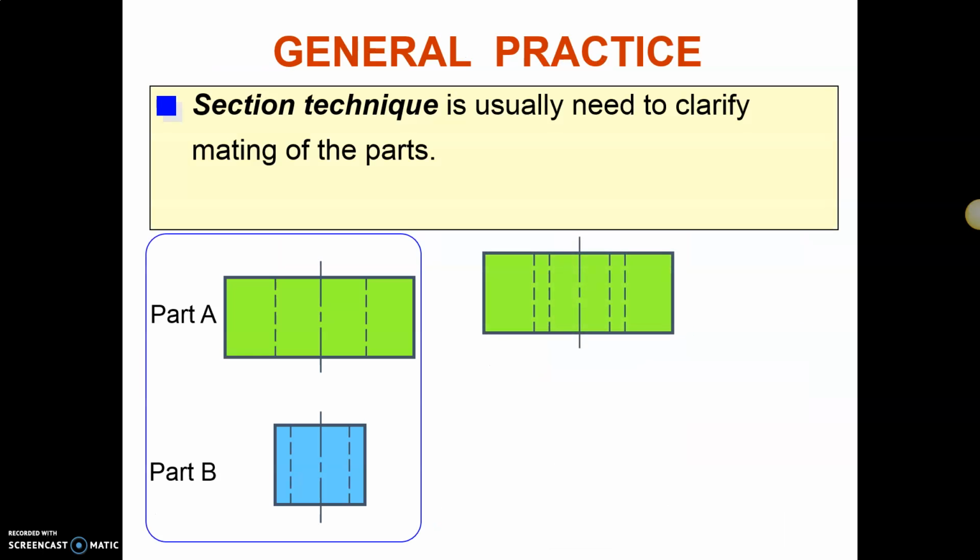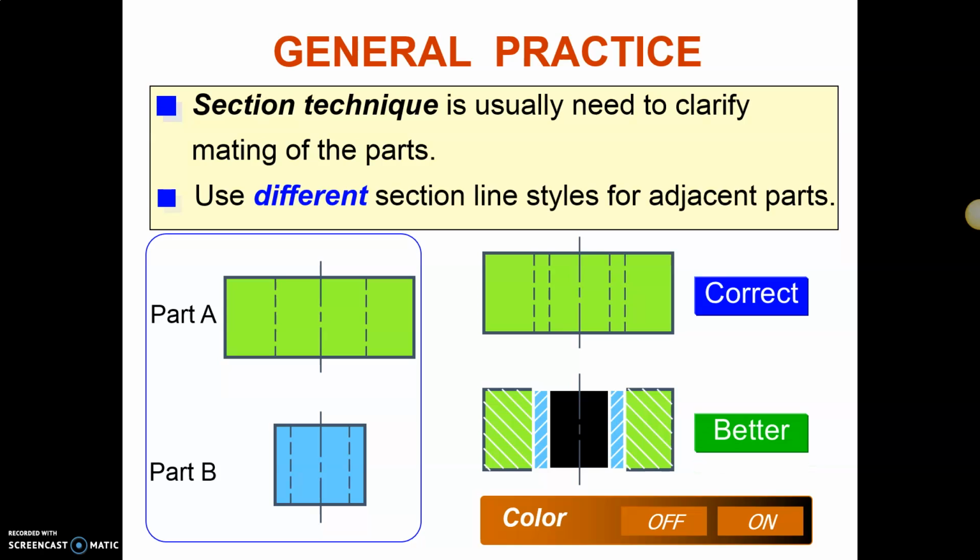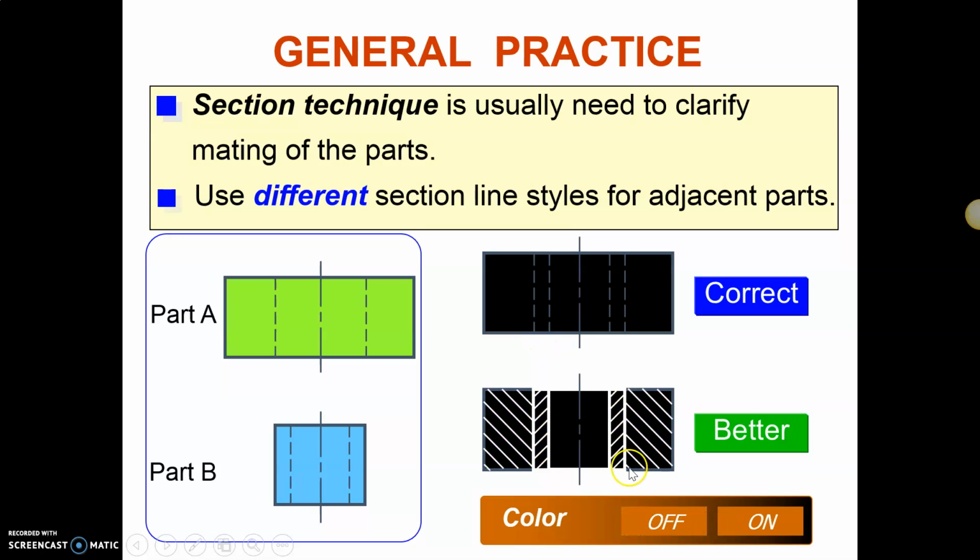Another general practice is that the section technique usually is needed to clarify the mating of the parts. If we have two parts and we want to make a section, the way to do it is to use different section lines. This is with color. If you turn off the color, it's going to look like this. So the direction of the line should be different, so that we know that these are different parts.